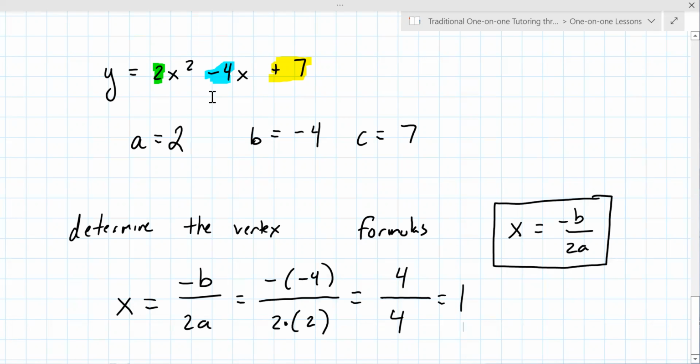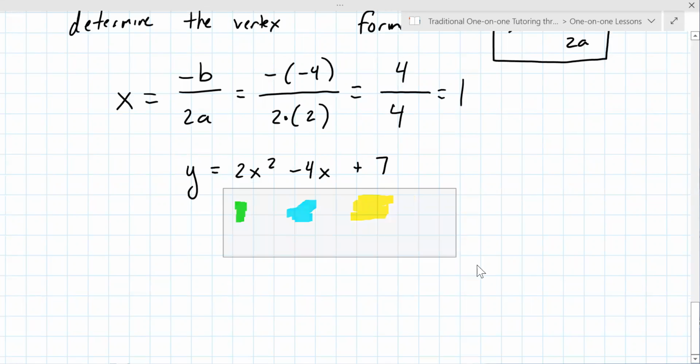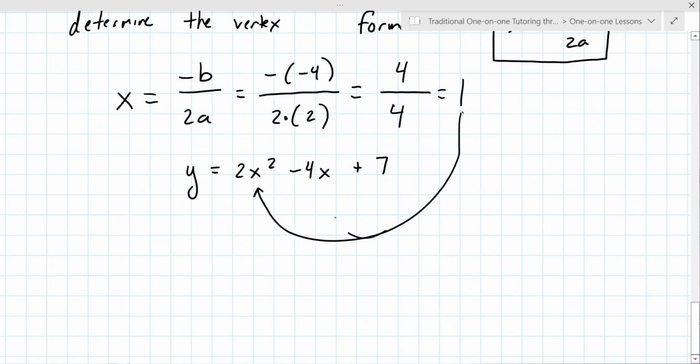Now, you might be asking, why are we doing all this? Well, you need to find both the x and the y coordinate. The x coordinate is 1, so you take that 1 and plug it back in wherever you see an x. So your y coordinate is 2 times 1 squared minus 4 times 1 plus 7.